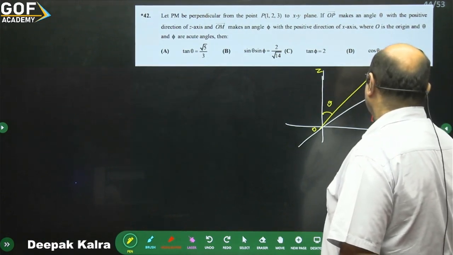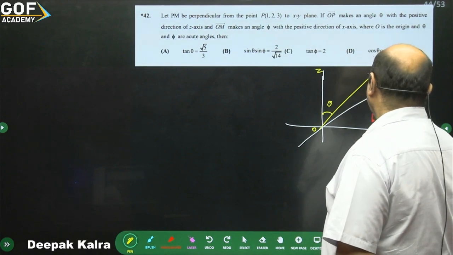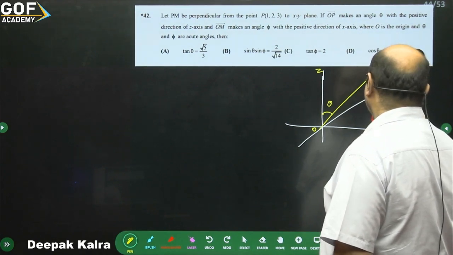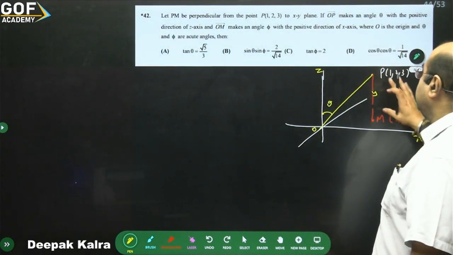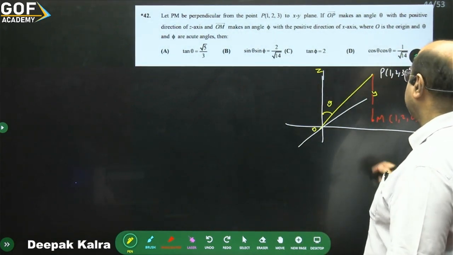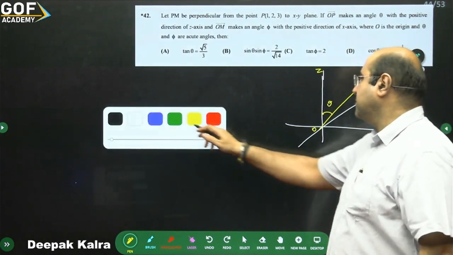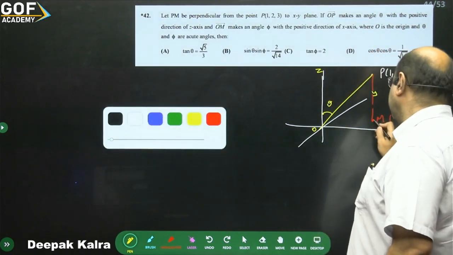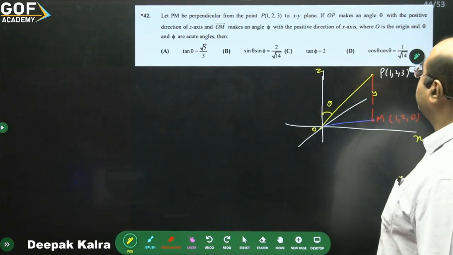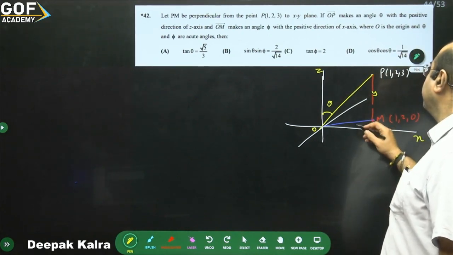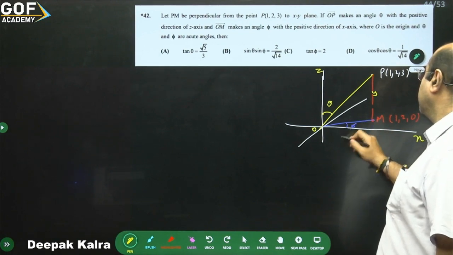Okay. This is nothing but 1, 2, and 0. So OM is this. OM makes phi angle with positive direction of X axis. Okay, this is phi.